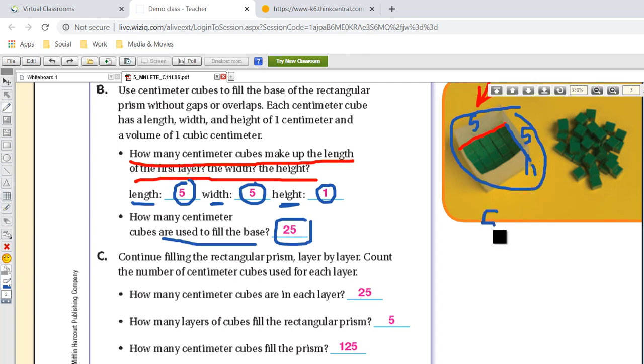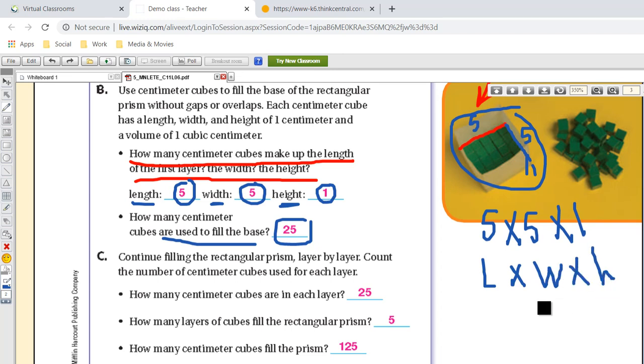So it will be 5 multiplied by 5 multiplied by 1. Length multiplied by width multiplied by height, the 3 dimensions that we studied before in any solid figure.